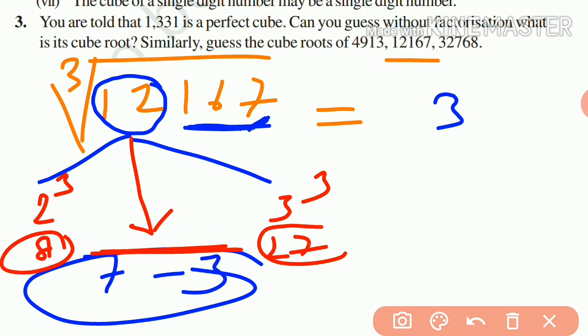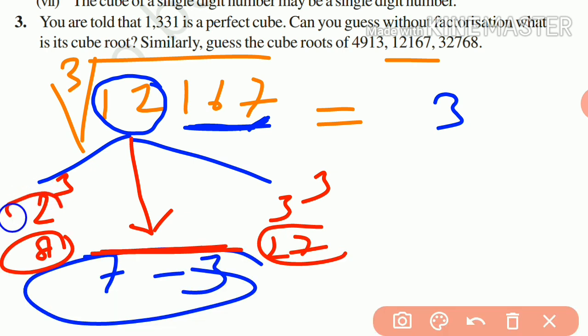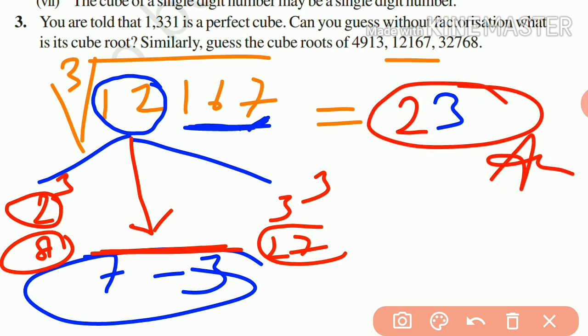So we will take the smaller value, this is 2, and write 2 here, and 23 will be the required answer.